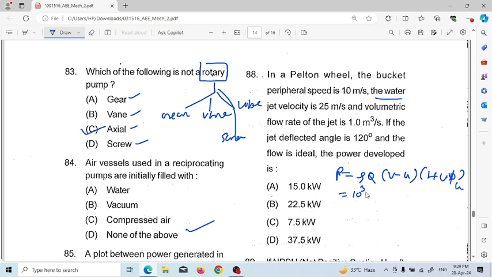Density is 10 to the power 3 kg per meter cube as the working fluid is water, Q is 1 meter cube per second, jet velocity is 25, bucket speed u is 10, and the deflection angle is 120, so the angle relative to the x-axis is 180 minus 120, which is 60 degree. After calculating we get 22.5 kilowatt. Option B is the correct answer.